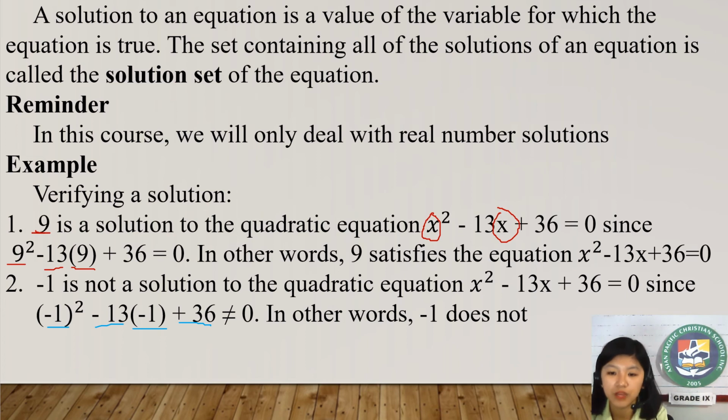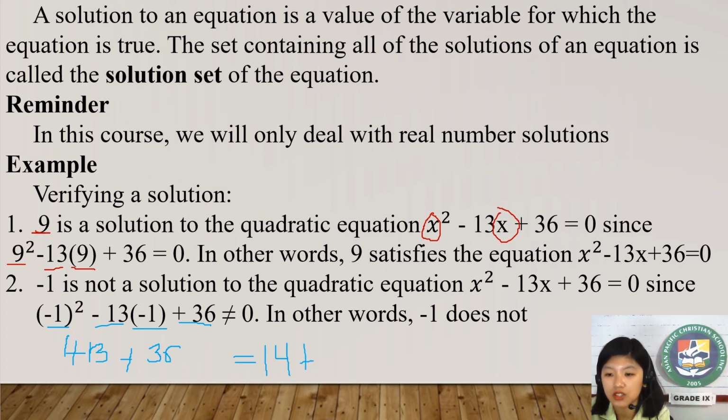So, isolve natin. Negative 1 times negative 1 will give you positive 1. And negative 13 times negative 1 will give you positive 13. Then, plus 36. And 1 plus 13 will give you 14.